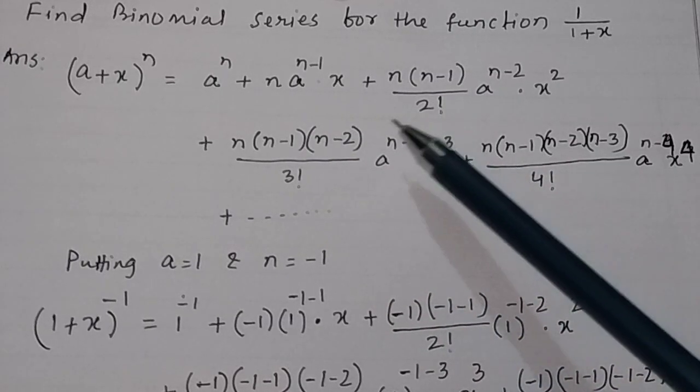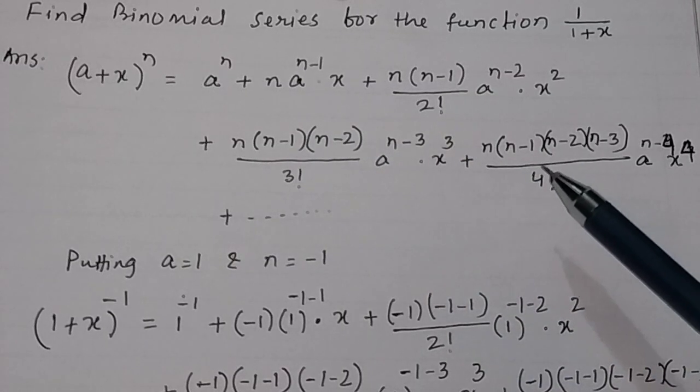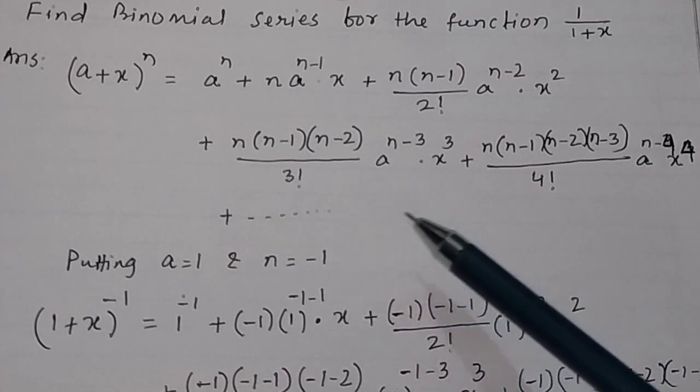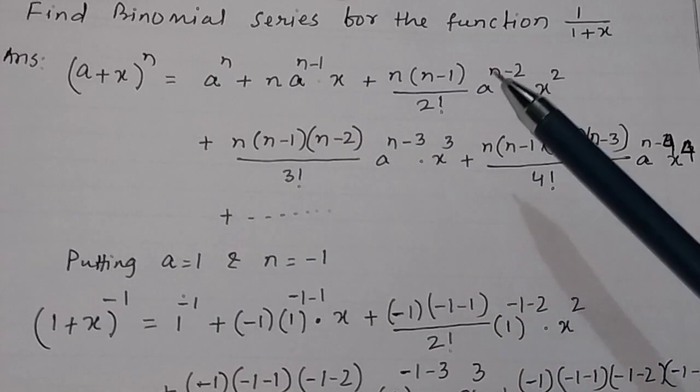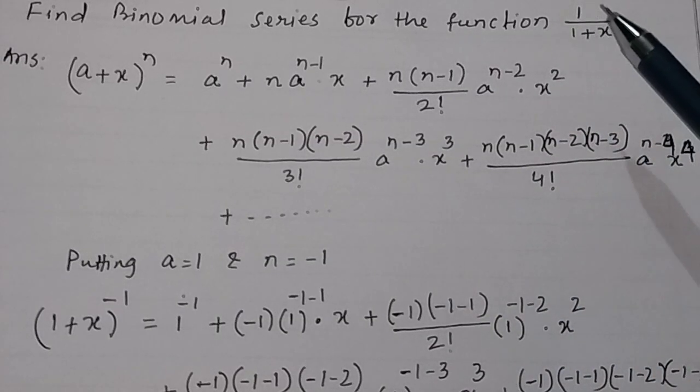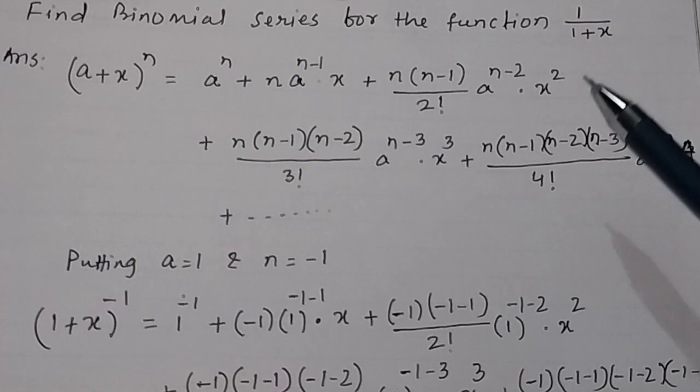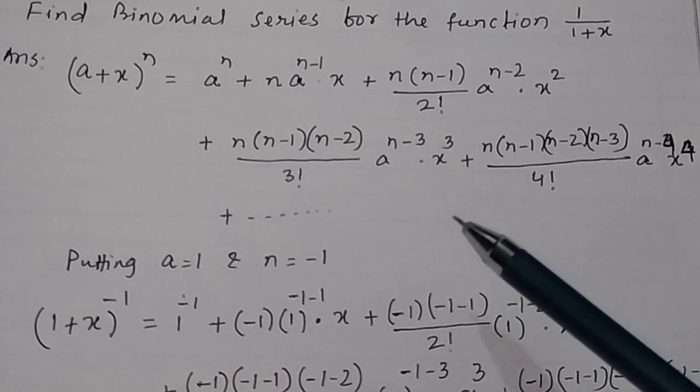I have written up to the fifth term. You can write up to higher order terms, up to the nth term, but we will write the binomial series for the function 1 divided by 1 plus x up to the fifth term.